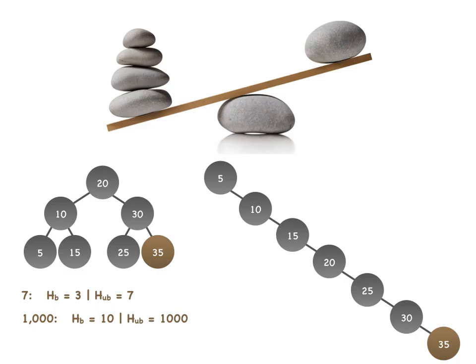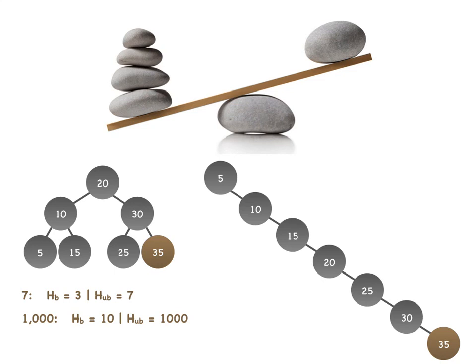And let me reiterate, this difference is not because the second tree stores way more data than the other one. That would actually make logical sense. For a tree, if it stores more data, obviously it'll take longer. But that's not what we're comparing. We're comparing two trees that store the exact same amount of data. However, one is balanced, and the other is completely unbalanced, leading to a difference of almost 1,000 comparisons.